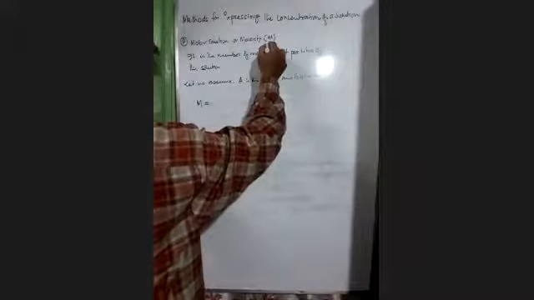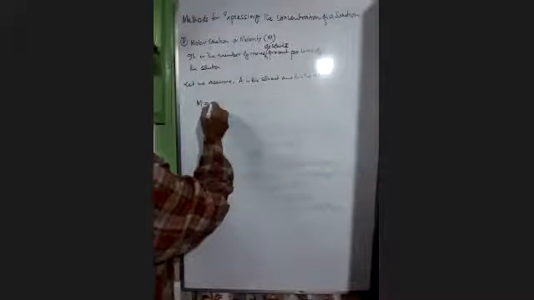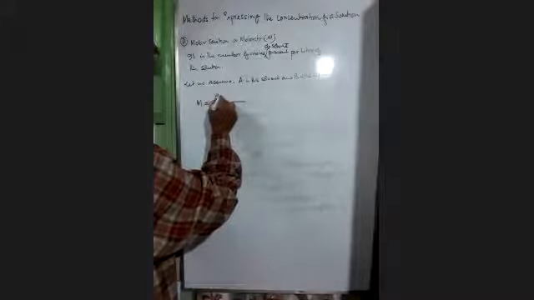Okay. So therefore, M is equal to what? What does it say? Number of moles of solute present per liter of the solution. So this is the number of moles of solute. Let me write here N.